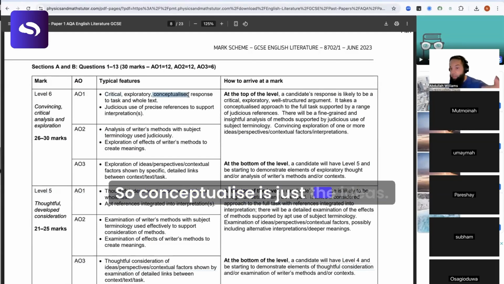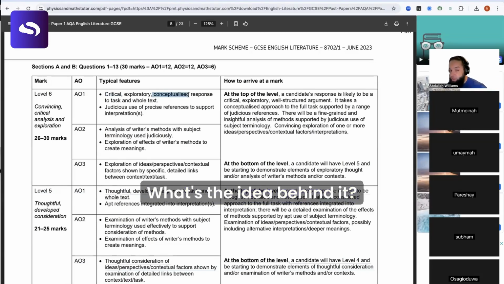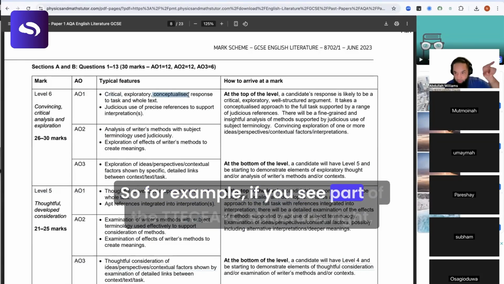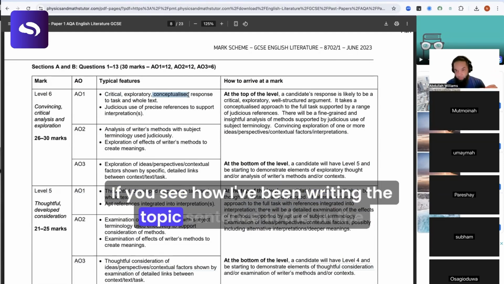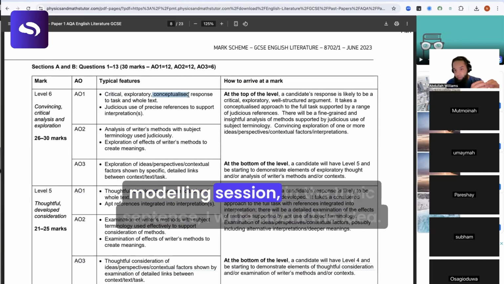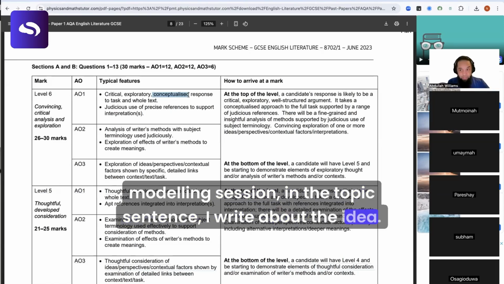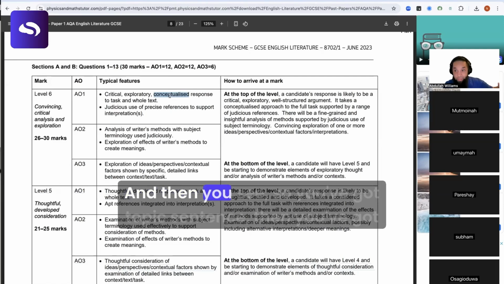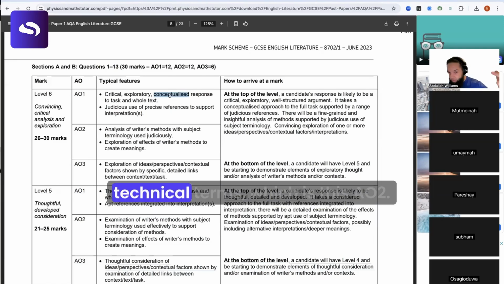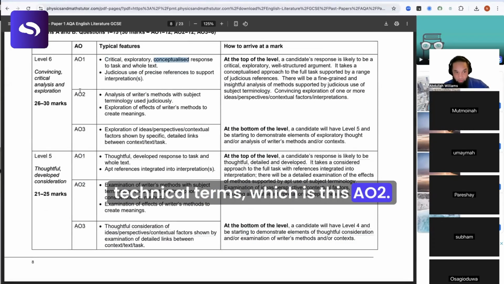To conceptualize is just the ideas. What's the idea behind it? For example, part of the TTECE structure is the topic sentence. If you see how I've been writing the topic sentence in the modeling session, I write about the idea, yeah? And that's to target this, okay? Then you've got technical terms, which is AO2.